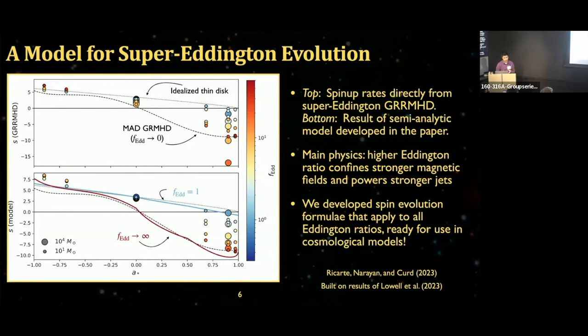So we have corresponding equations for the jet efficiency as well. And the stronger jets are going to torque down the black hole more rapidly. We actually developed spin evolution formulae, as well as for the magnetic flux parameter and the efficiency, that will apply to all Eddington ratios. I didn't want to get into the details of that in this setting, but we could chat about that if you like.